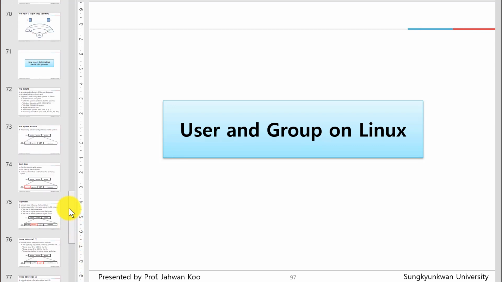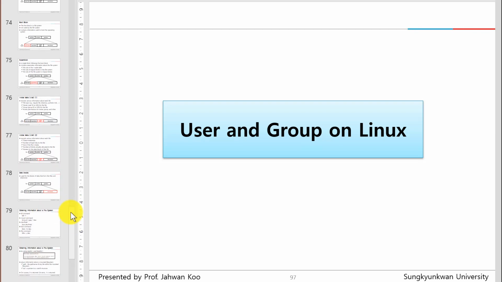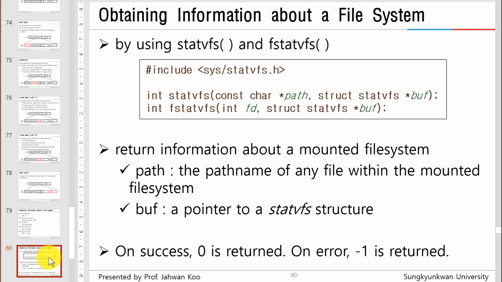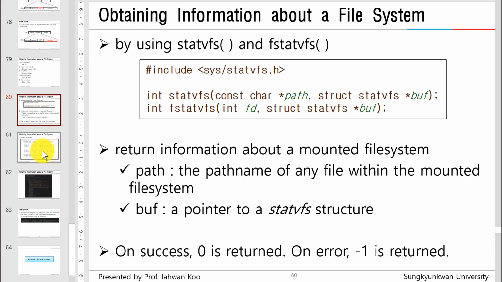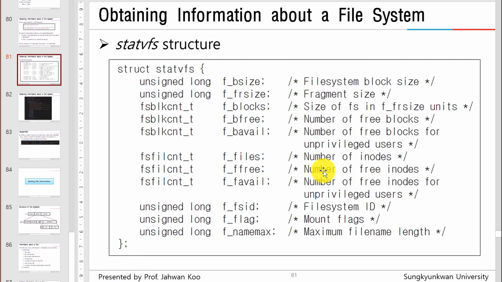The important thing is getting from system-defined structure named statvfs. We have learned statvfs structure contains several information about file system, such as file system block size, number of free blocks, number of inodes, and so on.